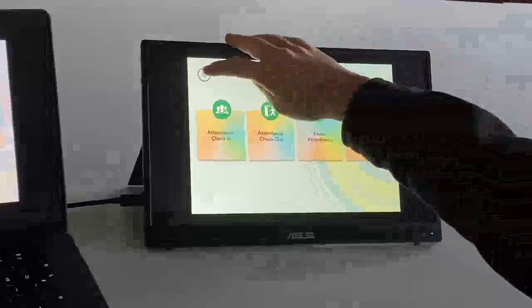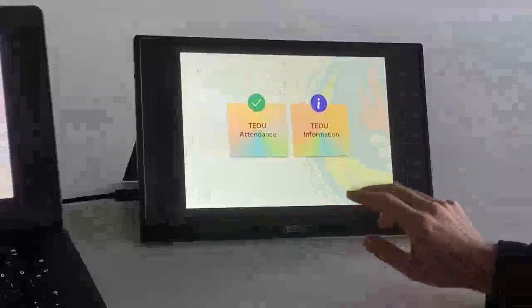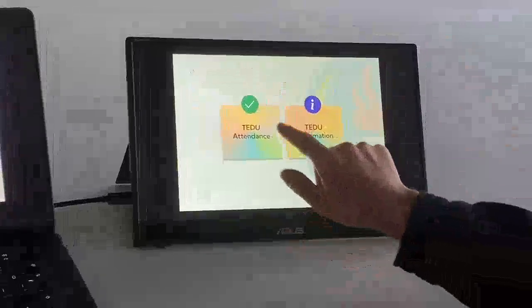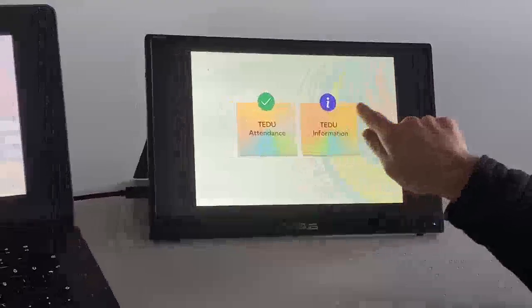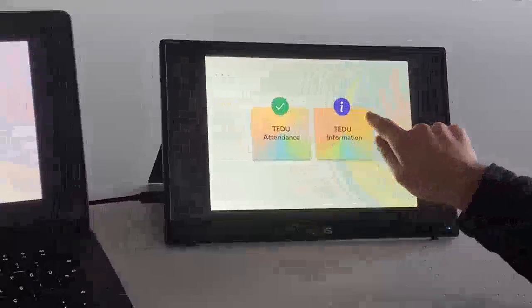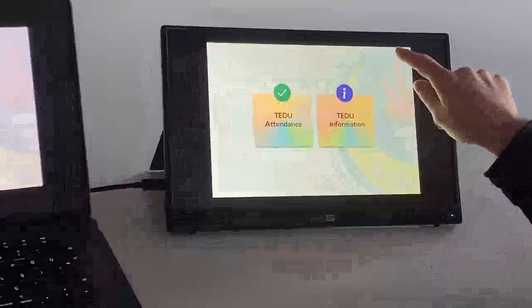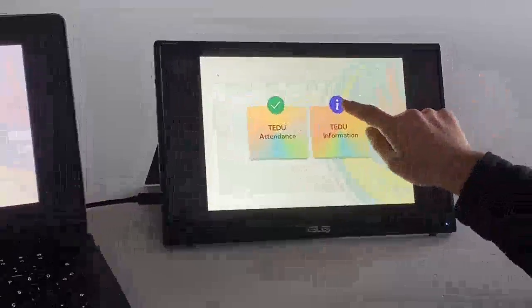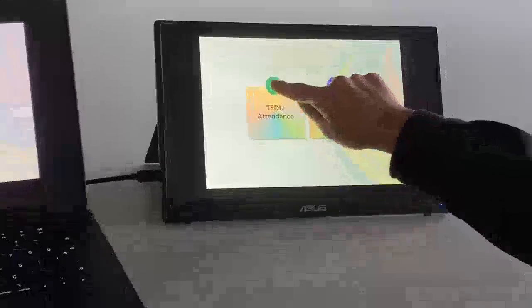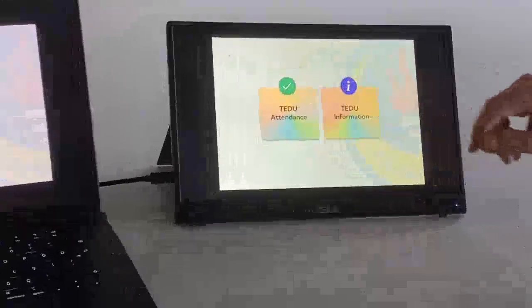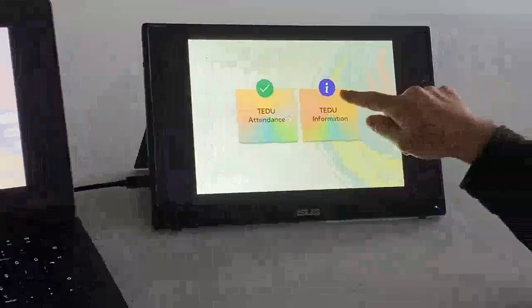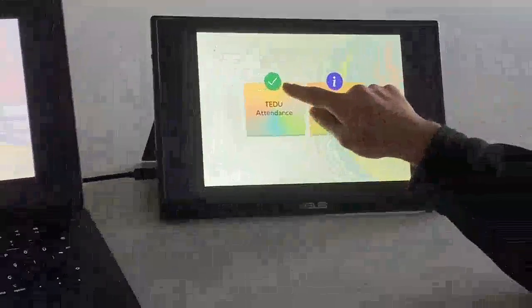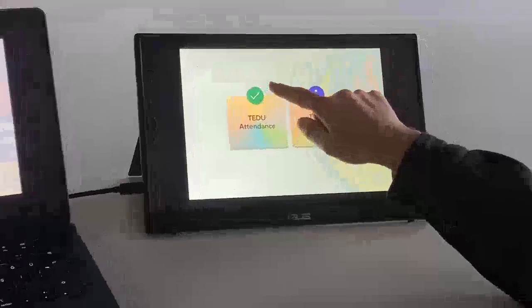Because, and these icons, I'm not sure about the icons, because especially that one looks touchable. I'm not talking about this, but about that, it looks like that.